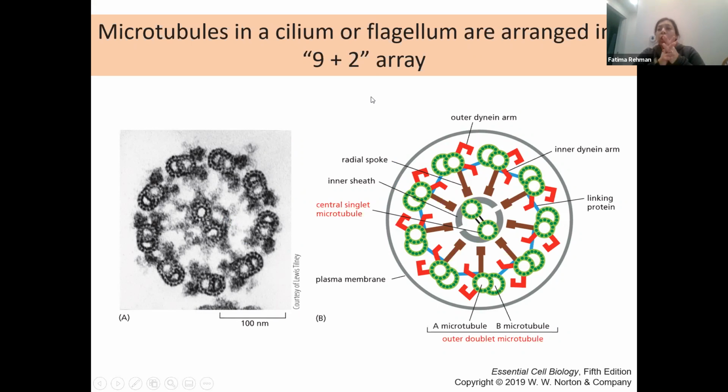So now, let's switch to a different type of function that microtubules perform, and that is movement of the actual cell, either through the help of a cilia or a flagella. In the cilium and the flagellum, the microtubules are arranged in a very particular manner to create a stable structure.